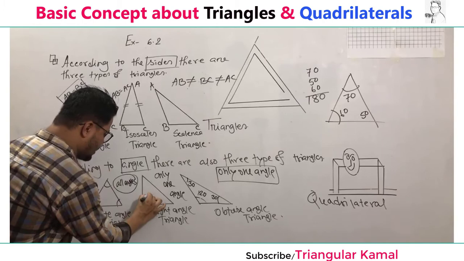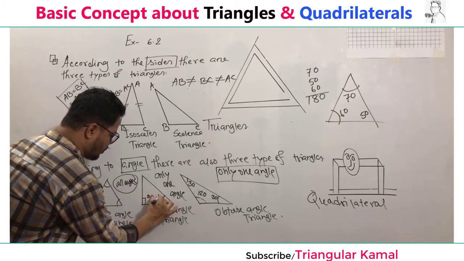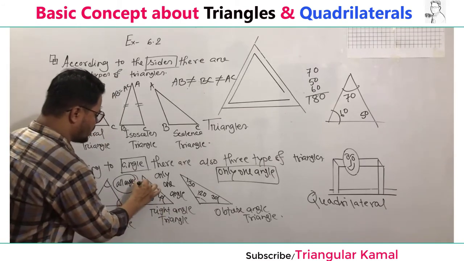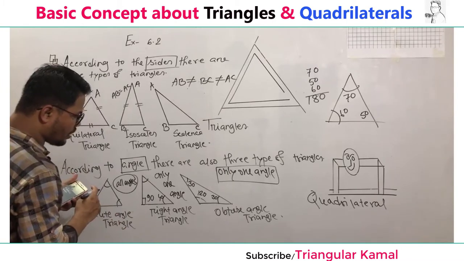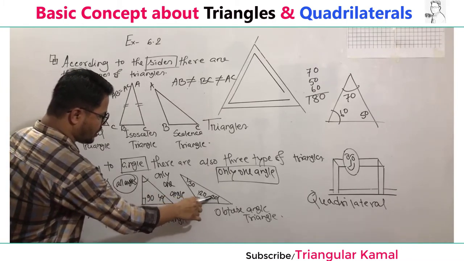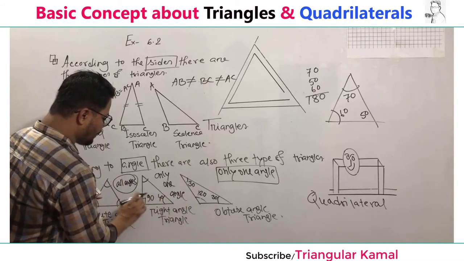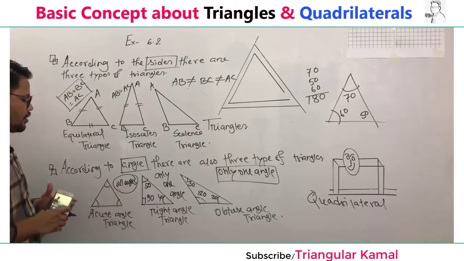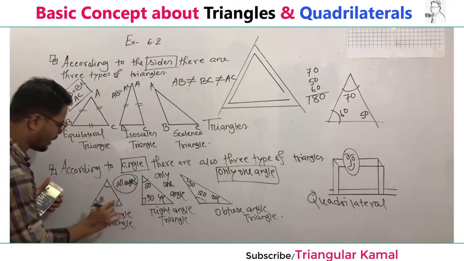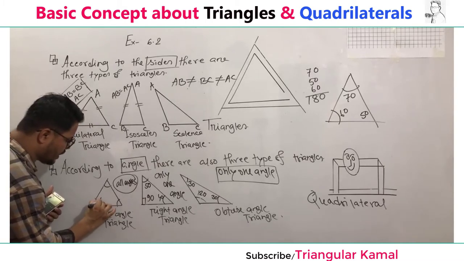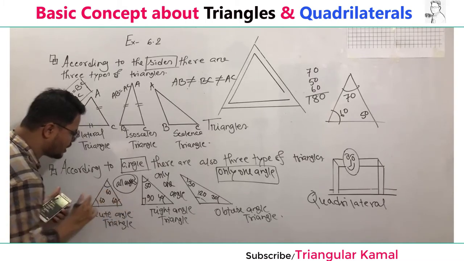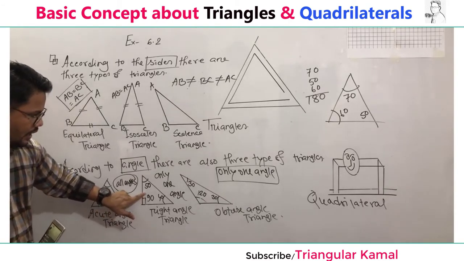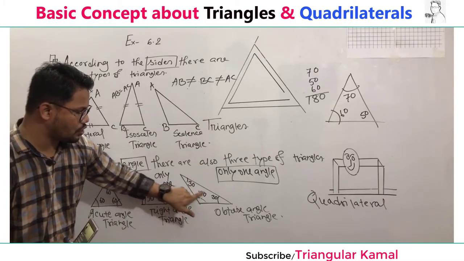If this angle is 90 degrees and this angle is 40 degrees, then 90 plus 40 is already 130, so this angle will be 50 degrees. And the sum of three angles will be 180 degrees. If you consider this one, each angle is 60 degrees, so you can write here each angle will be 60 degrees, and all angles are acute here. Here one angle is 90 degrees, and in the other, one angle is obtuse and two angles are acute.